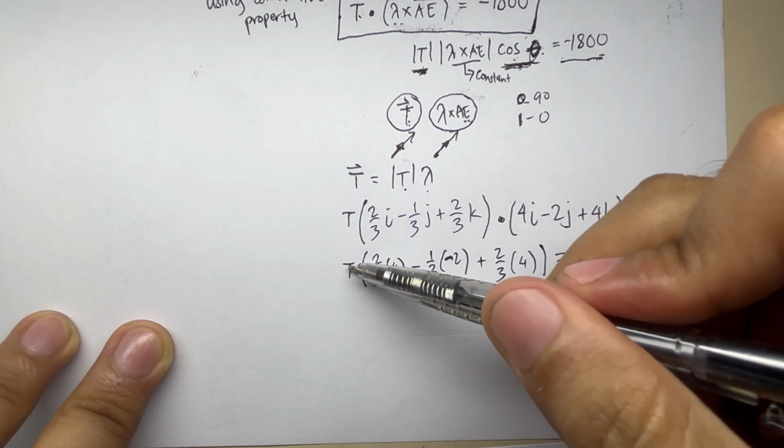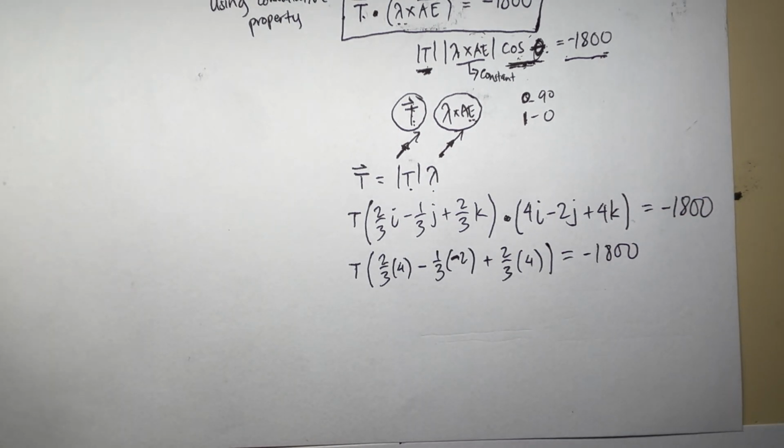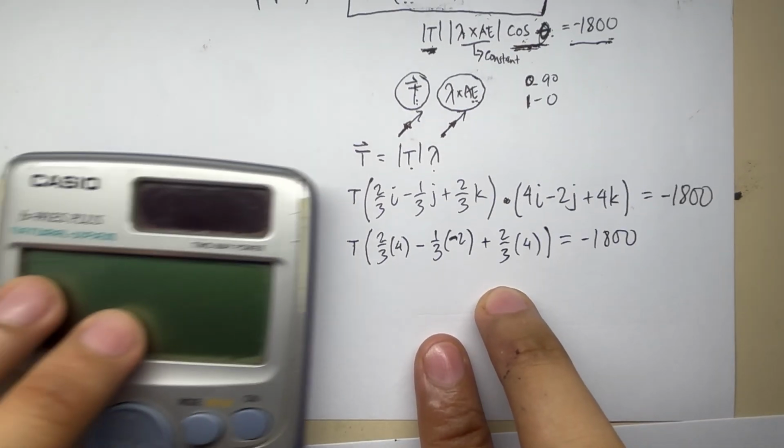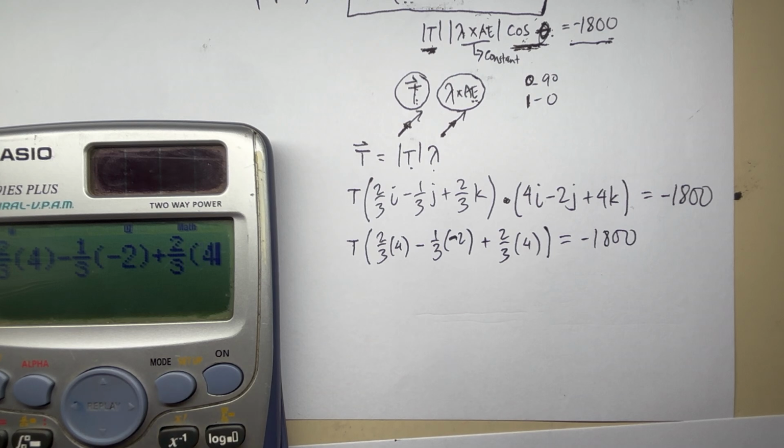Take note that our t here is the magnitude. So solving this from our calculator, 2/3 times 4 minus 1/3 times negative 2 plus 2/3 times 4 is equal to 6.